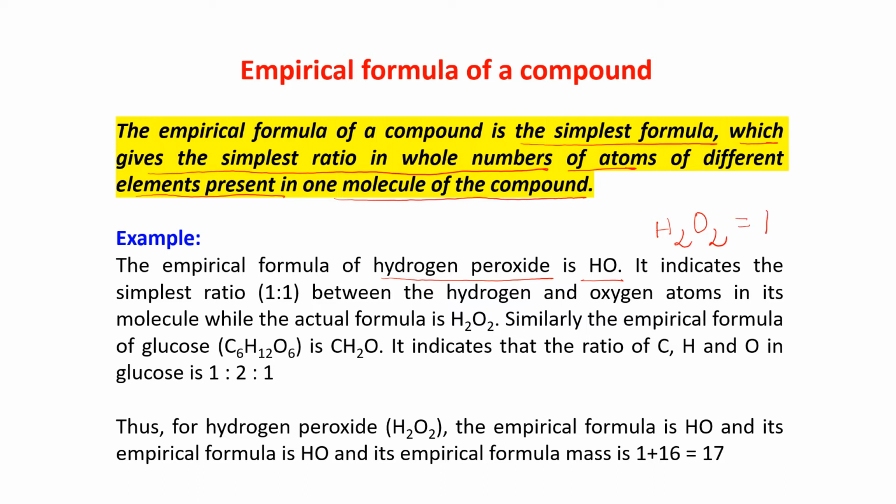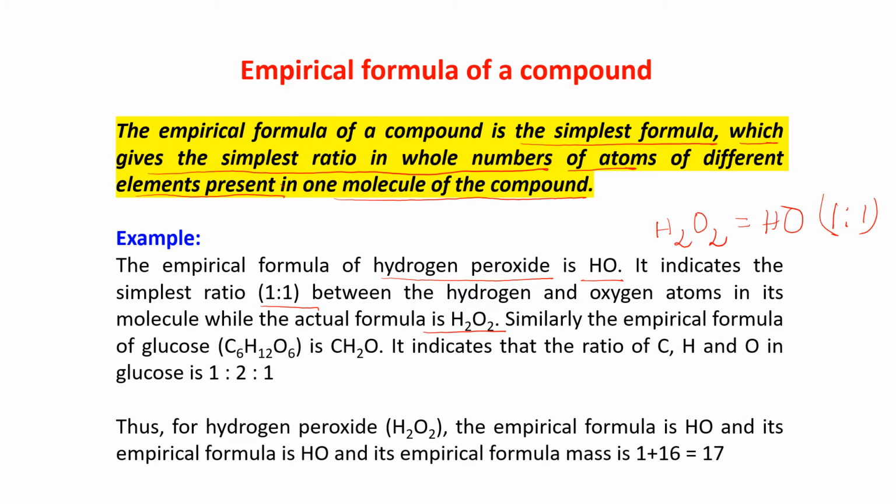I am getting HO. Okay, the simplest ratio is 1:1 for this one. So it indicates the simplest ratio 1:1 between atoms of different element present, that is of hydrogen and oxygen atom in its molecule, while the actual formula is H2O2. I have already told you.